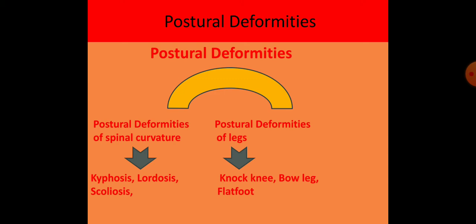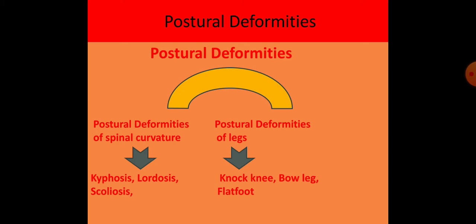Postural deformities of the spine are kyphosis, lordosis and scoliosis. Postural deformities of the legs are knock knees, bow leg and flat foot. So these are the two groups of postural deformities.